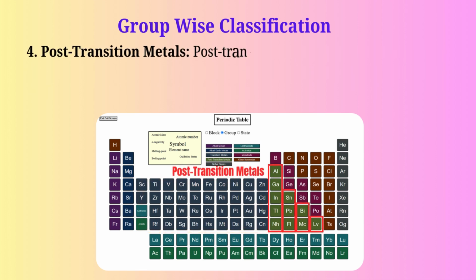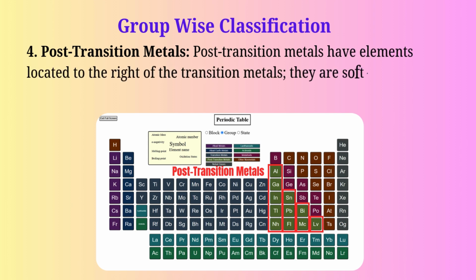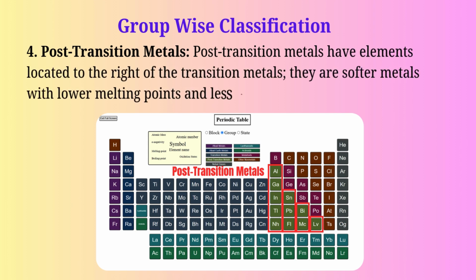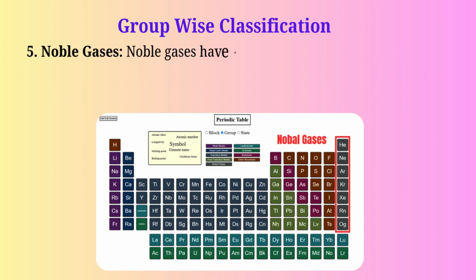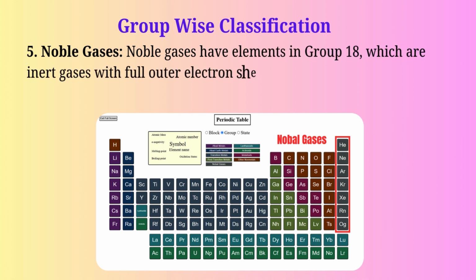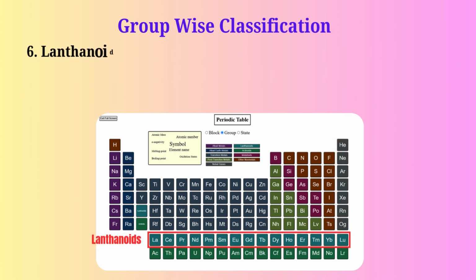Post-transition metals. Post-transition metals are elements located to the right of the transition metals. They are softer metals with lower melting points and less metallic character. Noble gases. Noble gases are elements in group 18, which are inert gases with full outer electron shells, making them very stable and unreactive. Lanthanoids.